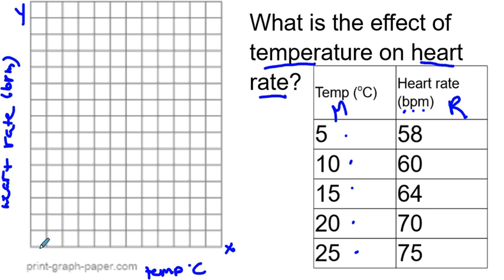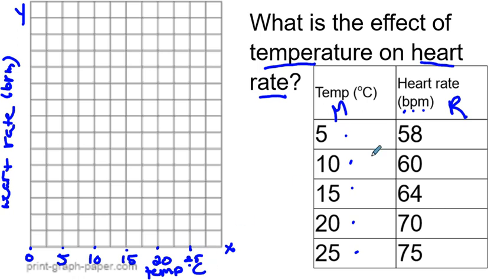So what I mean by that is if I choose this point here to be 0 degrees, then I may want to count every 2 squares to be 5 degrees since we're changing our temperature by 5 degrees each trial. So I would label this as 5, 10, 15, 20, and 25.